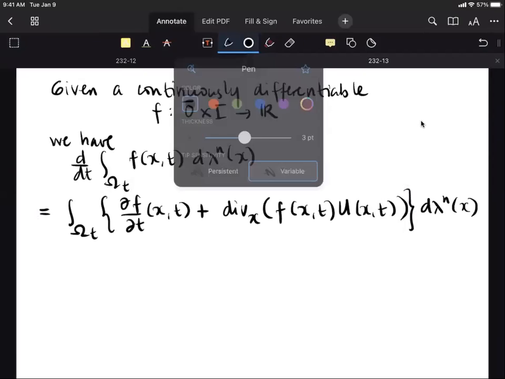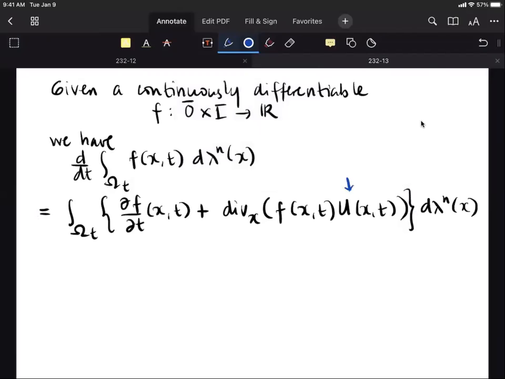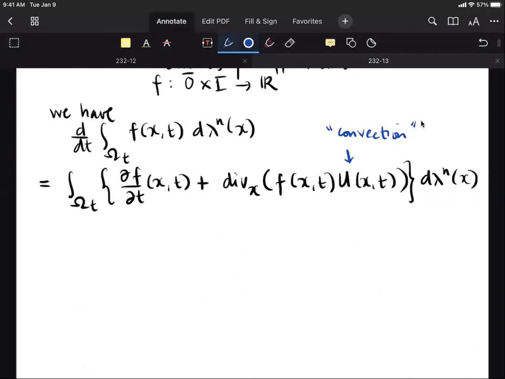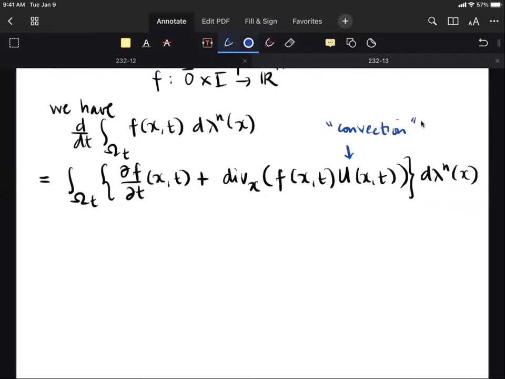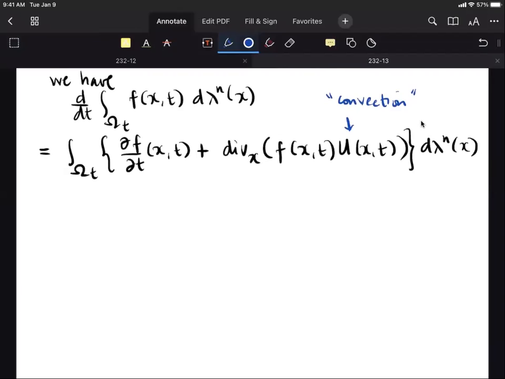So you can think of this as some sort of convection. And we know how to convert, of course, the integral of the divergence. So here we apply the Gauss divergence theorem for the second integral.